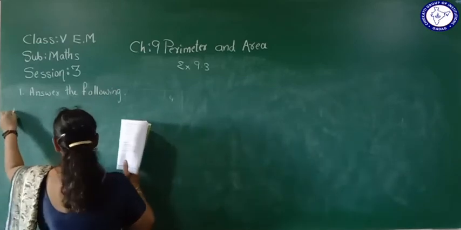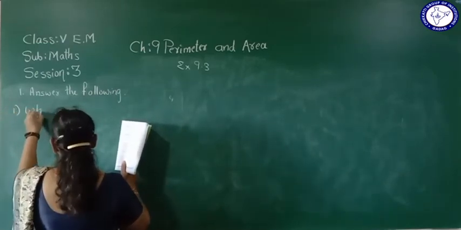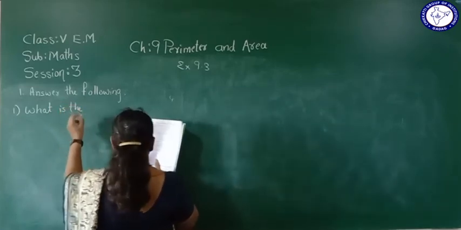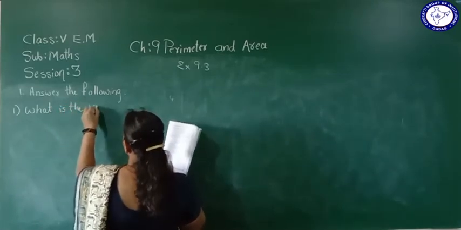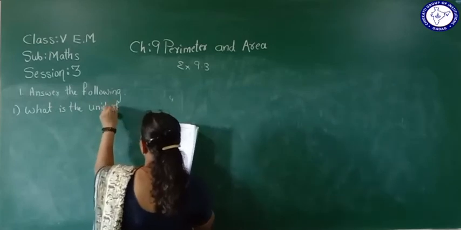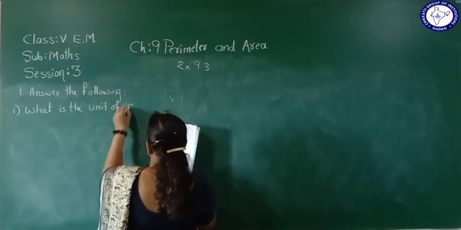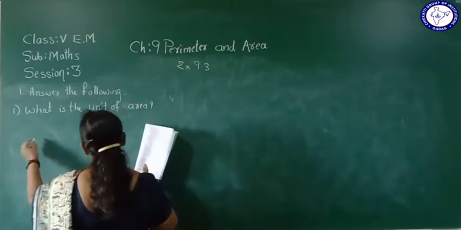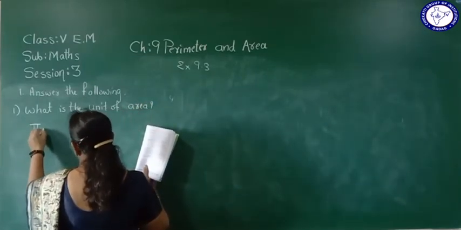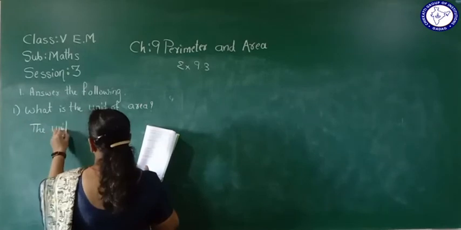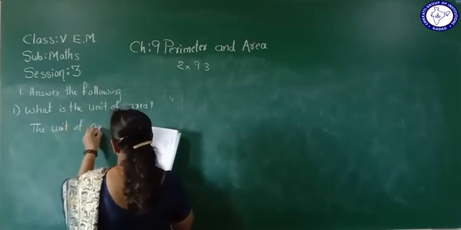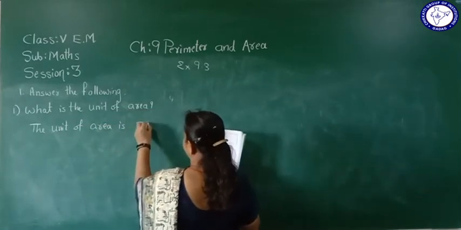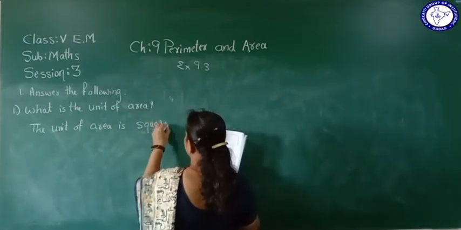Where first question is: what is the unit of area? So the unit of area is square unit.